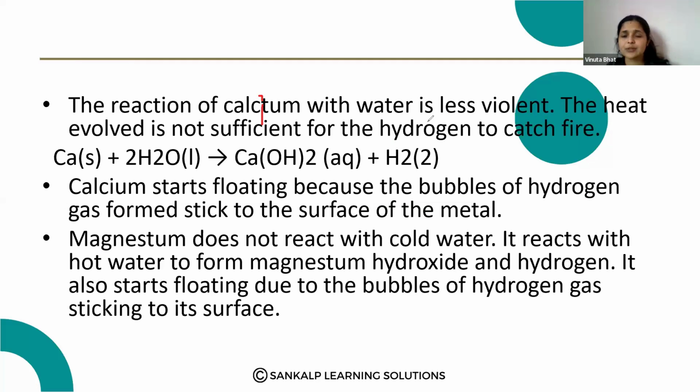The reaction of calcium with water is less violent. The heat evolved is not sufficient for the hydrogen to catch fire. Calcium reacts with water and forms calcium hydroxide and hydrogen is released, but that is not enough to catch fire.